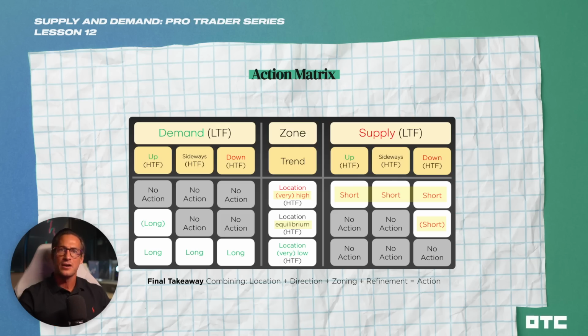The medium scenario is trading supply in the context of a sideways trend, and the worst scenario is trading supply zone in the context of an uptrend. We can never trade supply in the context of higher timeframe location low, even if we are trading with the trend.